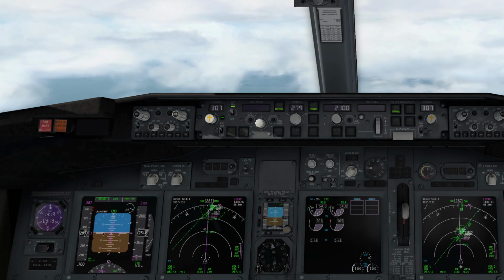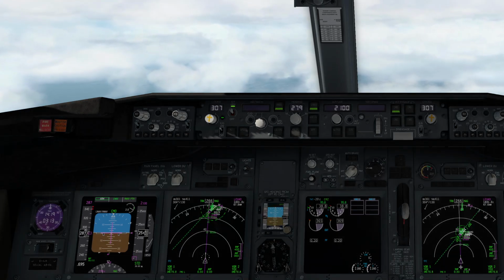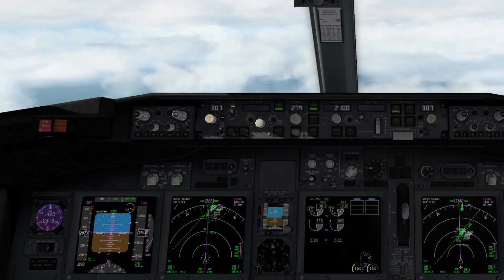it's now returning to thrust idle. A little bit weird. I don't know if that is what the real airplane is doing, but I have my doubt.